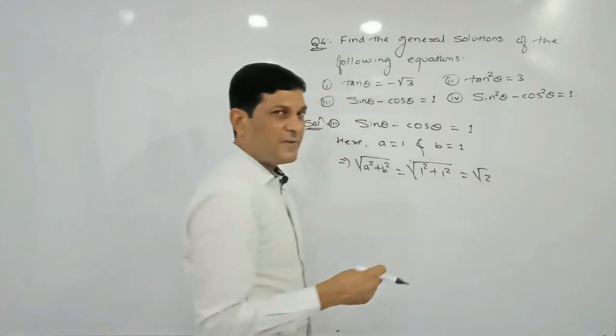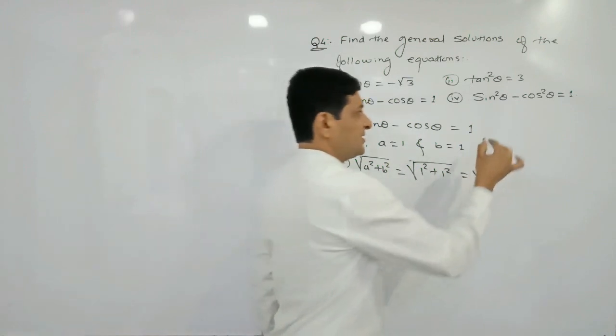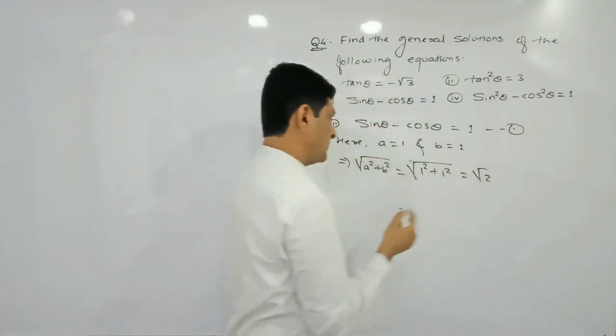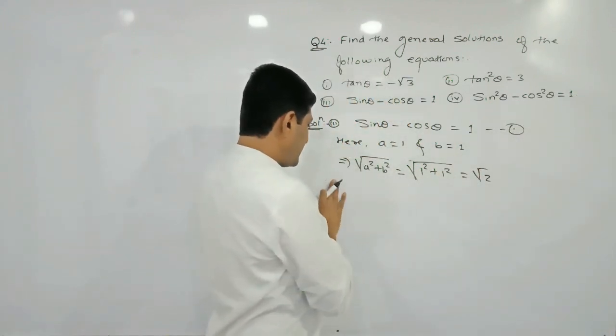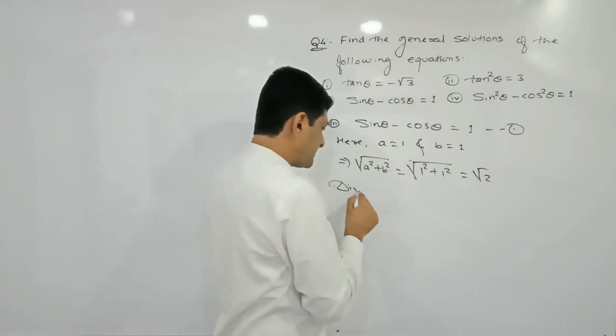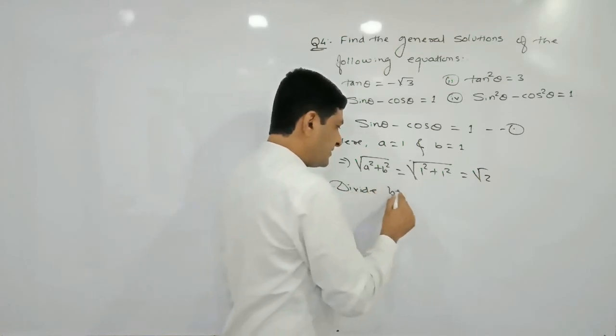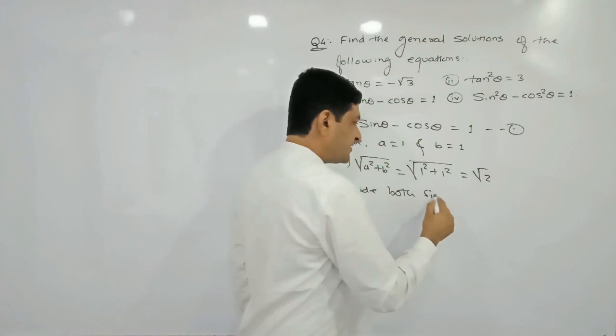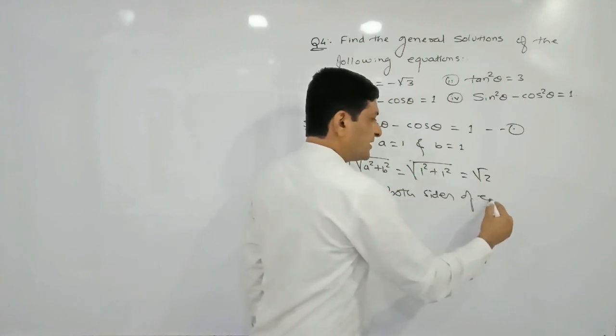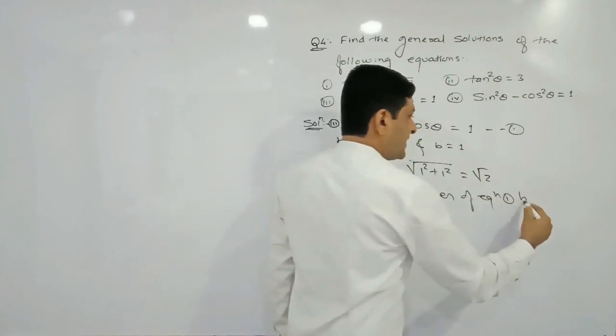So we are dividing both sides of equation 1 by root 2. Write down here, divide both sides of equation 1 by root 2.